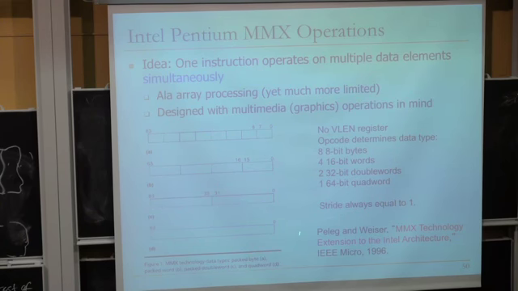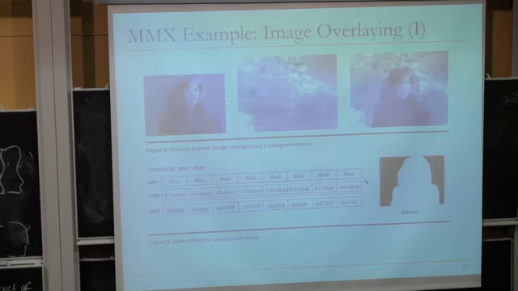Or you could treat this as a scalar register, if you will. In a sense, this is a poor man's vector that's added to a scalar ISA. You're partitioning your scalar register into pieces, and the pieces are operated on in parallel. And stride is always equal to 1 in their mechanism.